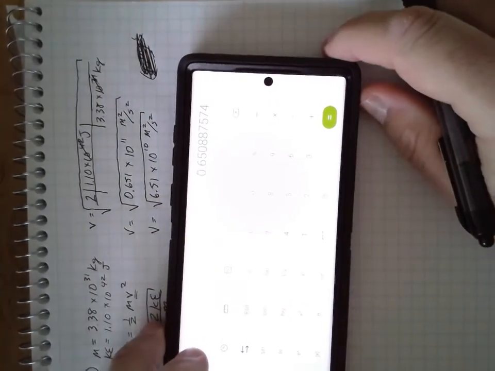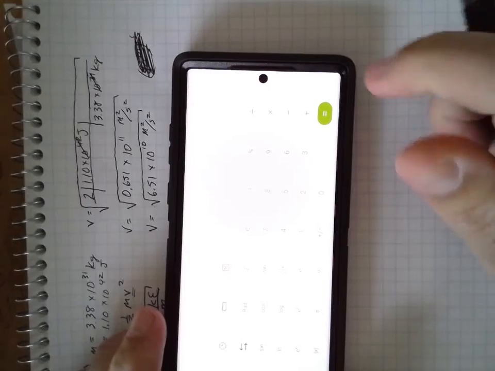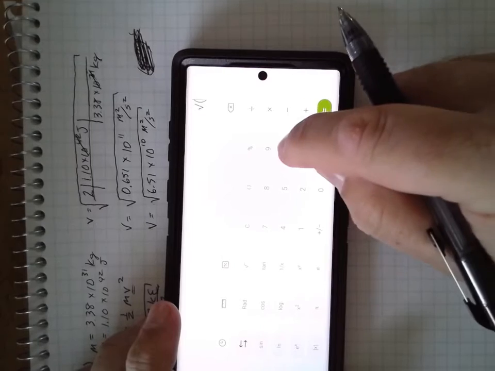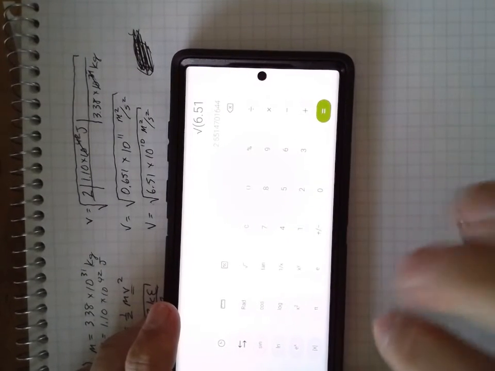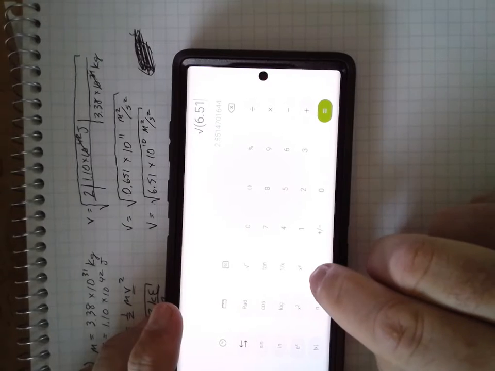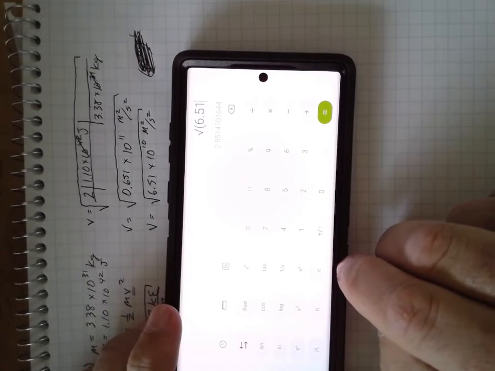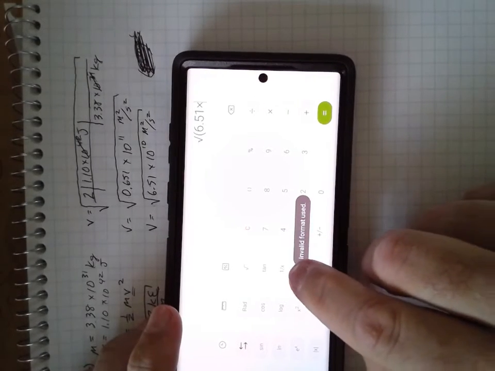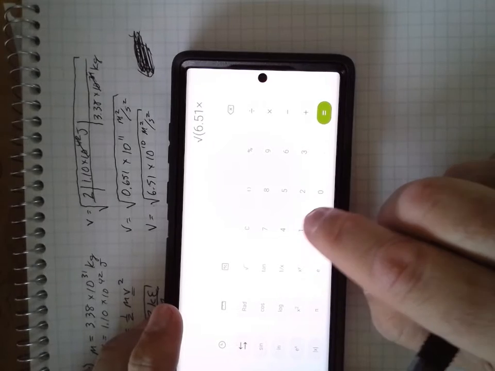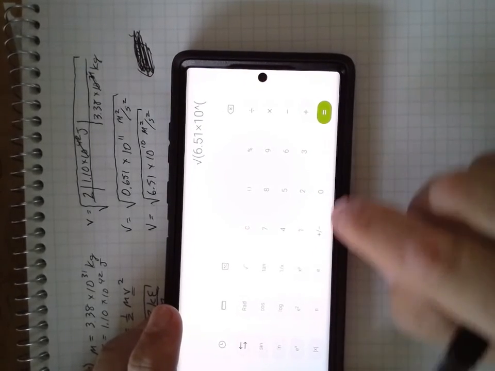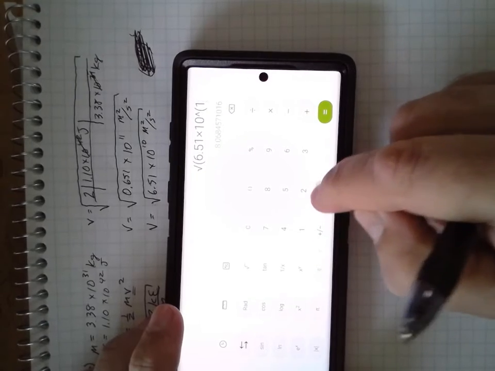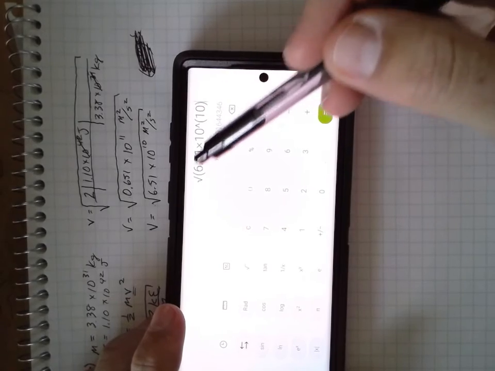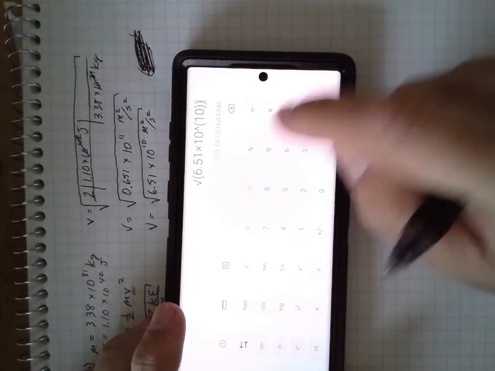I'm going to clear this one, and say square root, and start off with 6.51, times 10, and then this key right here, x to the y, that's the one I'm going to use. Then I put in 10, and match up the parentheses. I have parentheses for these two, and I need parentheses for this one also. That'll do the whole thing.